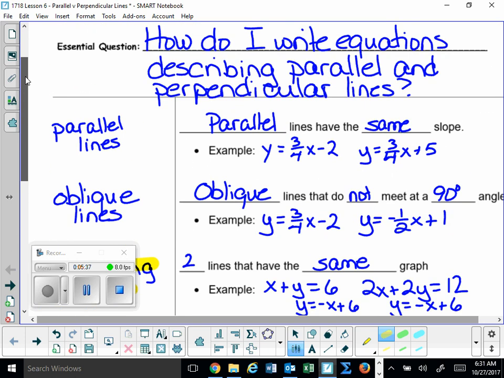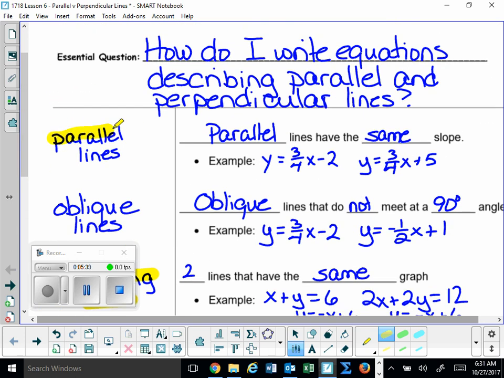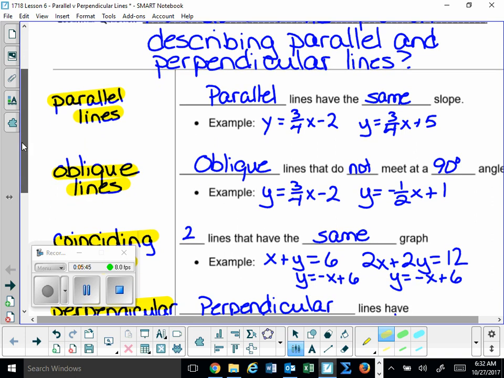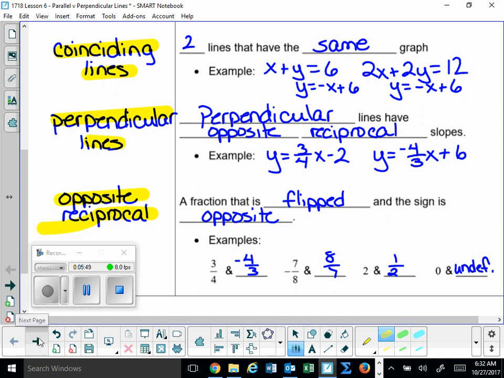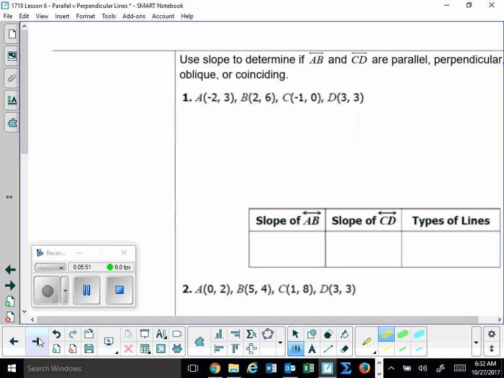Let's move this up. Parallel lines and oblique lines. Now, personally, I would dig out the note cards I already have for parallel and perpendicular, and I would add the algebra to those note cards. And then I would only have to create new note cards for oblique, coinciding, and opposite reciprocal.